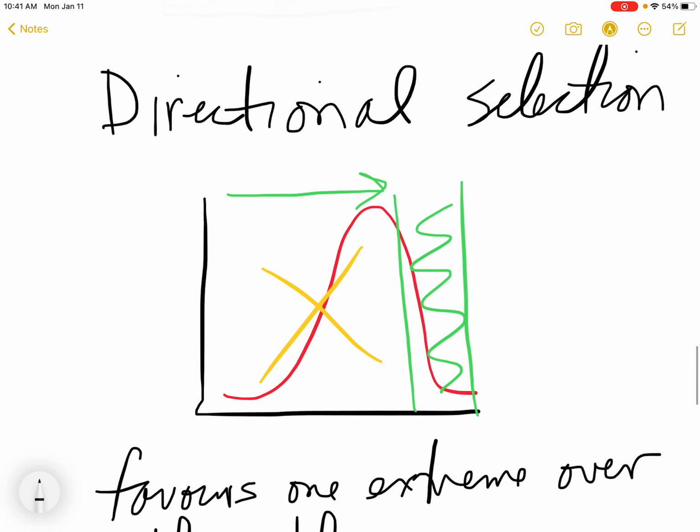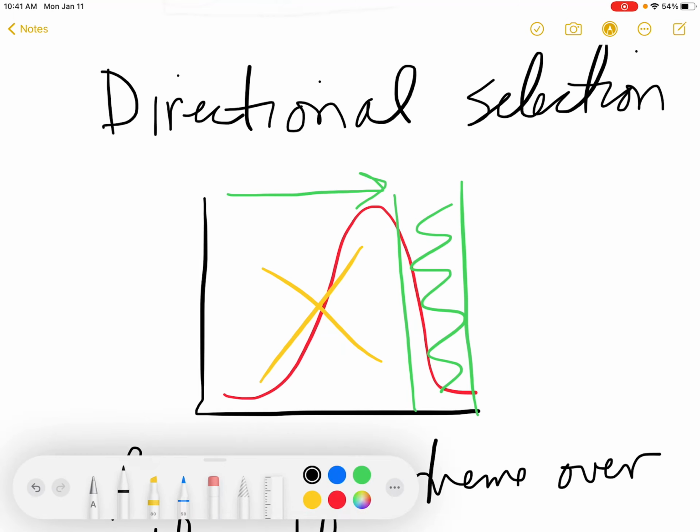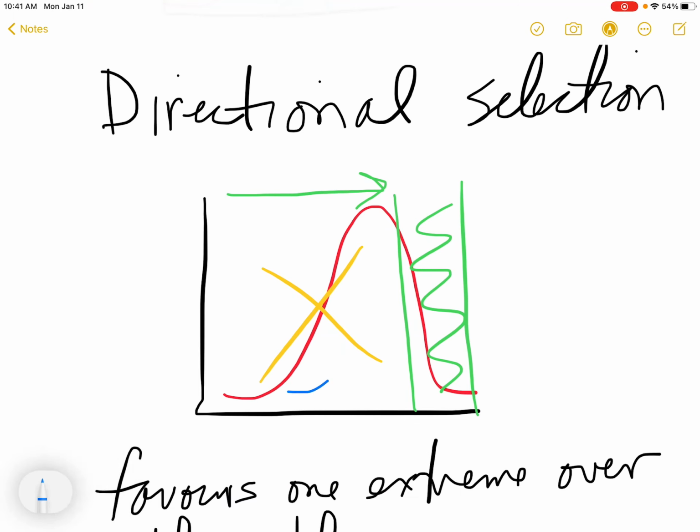But a directional selection could happen in an extreme environmental event where now there was a very huge advantage for those that were larger or smaller, one of the extremes, and it pushes the curve. So if I were to draw on top of this, the new population curve would be pushed over here. We would start to see larger animals.